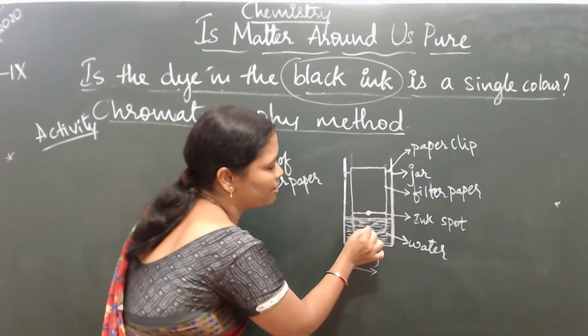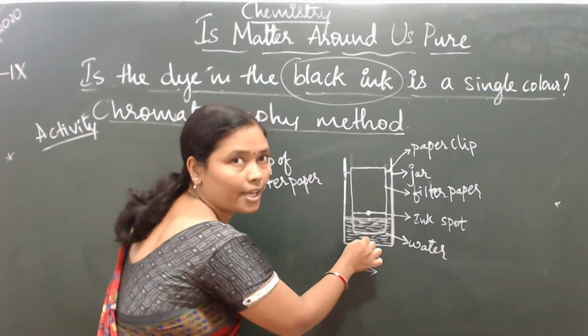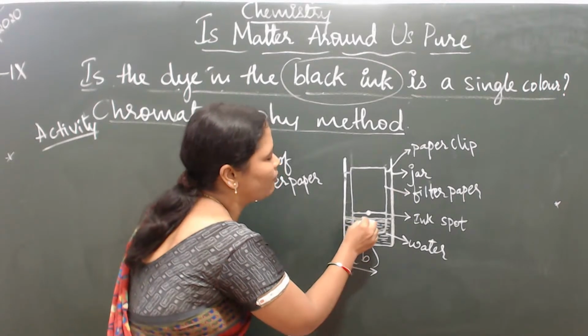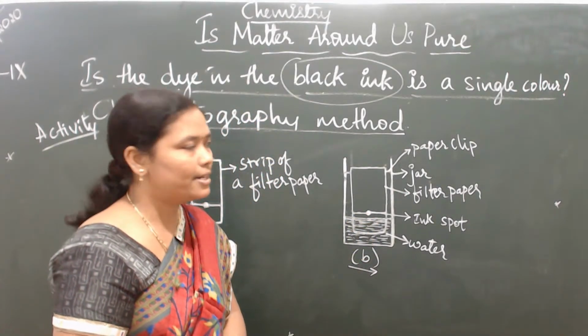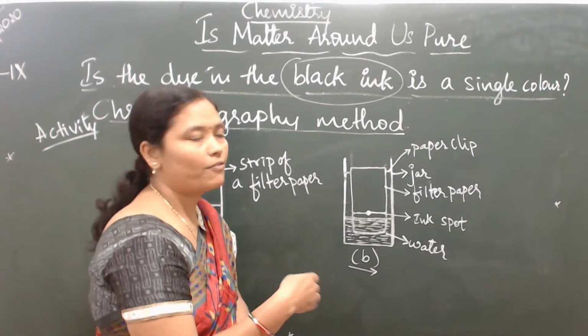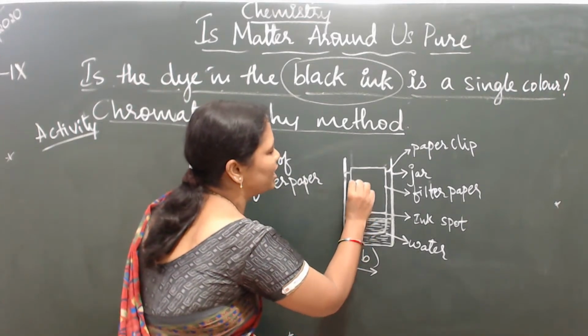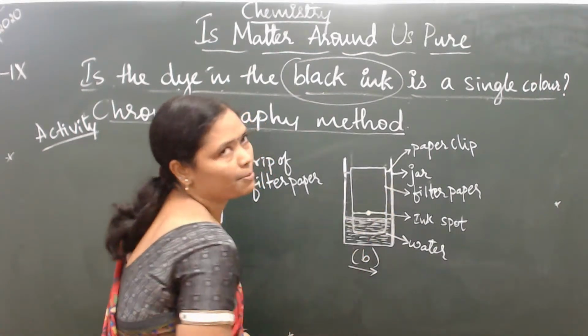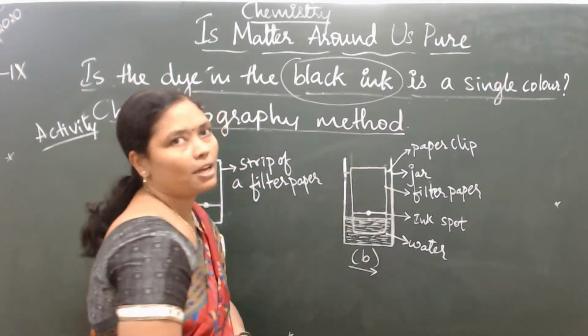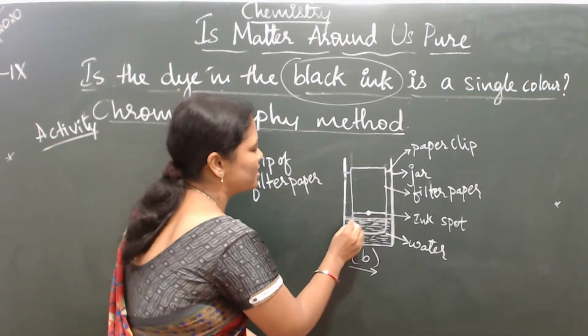Means the filter paper will get wet after it is dipped in water. But what will happen when we leave it undisturbed for an hour? After that, we are going to observe that the filter paper is wet up to a higher portion. Means the water rises.